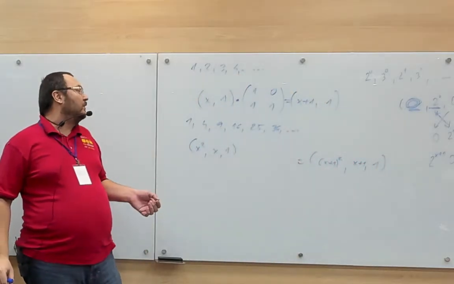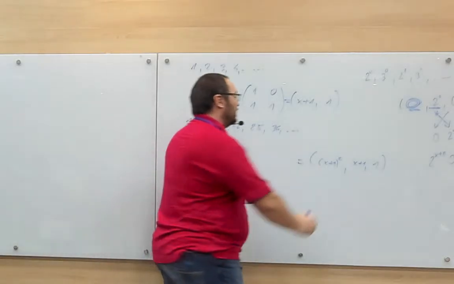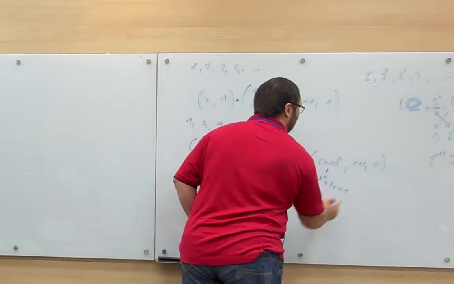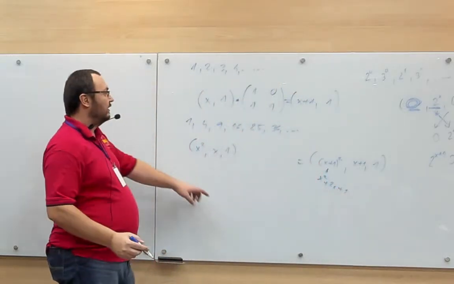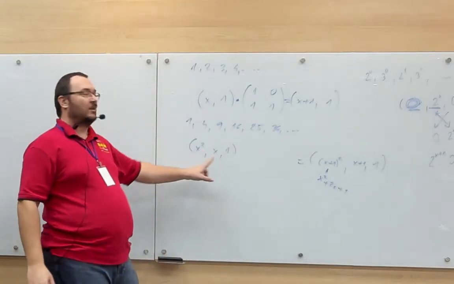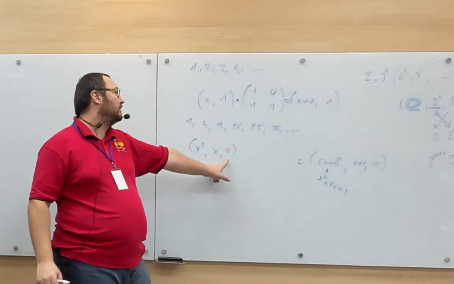And again, you can do this. This is again just the linear combination. So this is x squared plus 2x plus 1. In other words, the first element of the output is once this, plus twice this, plus once this.